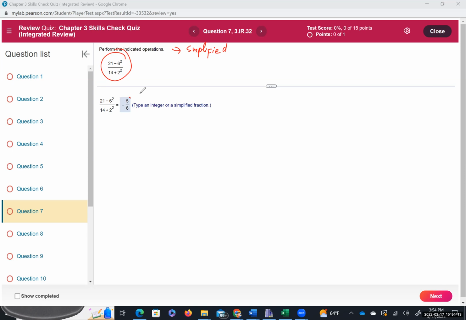All right, so for this one, you can either go by calculator or by hand. I show by hand first, and I show you calculator. Okay, so 21 minus 6 squared is going to be 36 over 14 plus 2 squared is 4.